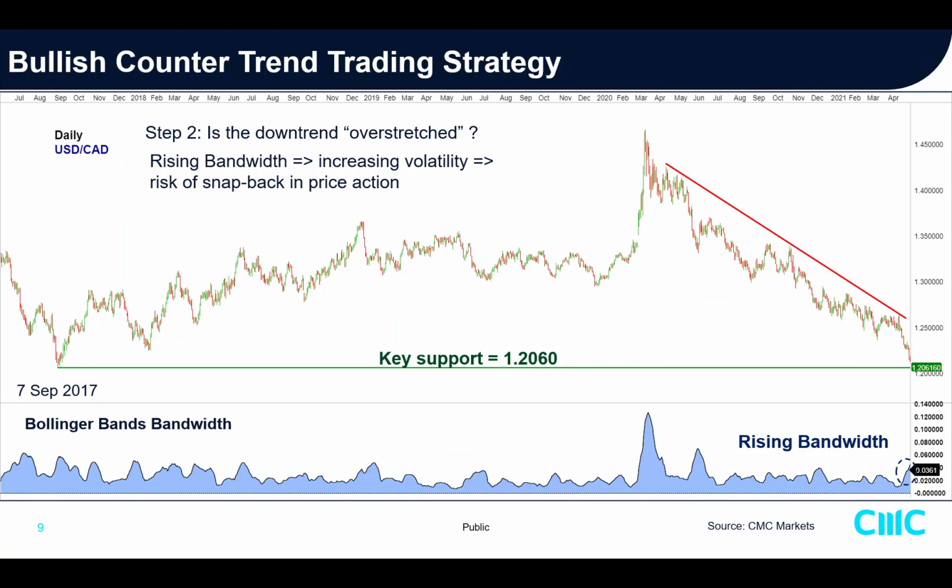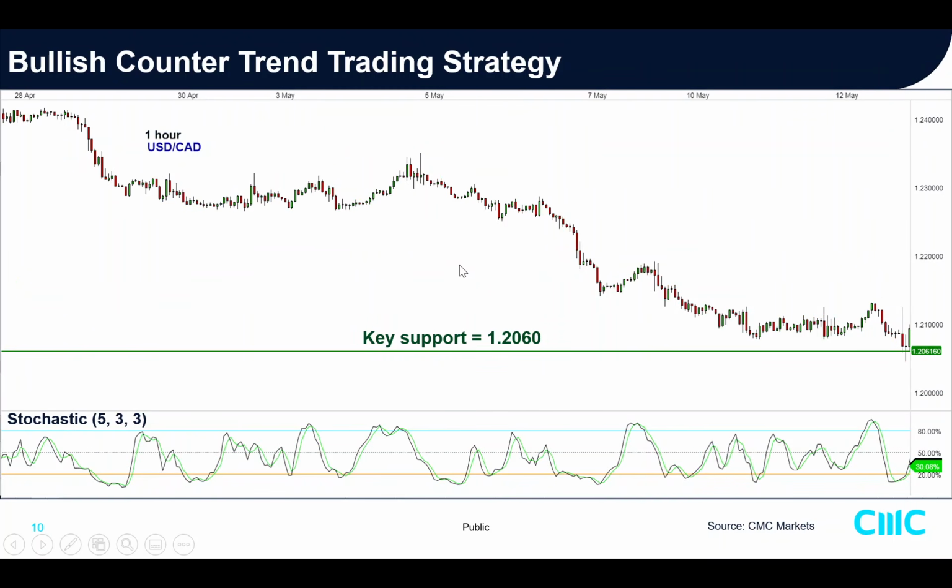So to capitalize on this potential short-term rebound, I need to look at the lower time frame chart, which is the 1 hour chart. So I switch to the 1 hour chart. Very clearly you see a very strong downtrend from here, and it starts to stop at the 1.2060 level at the key support.